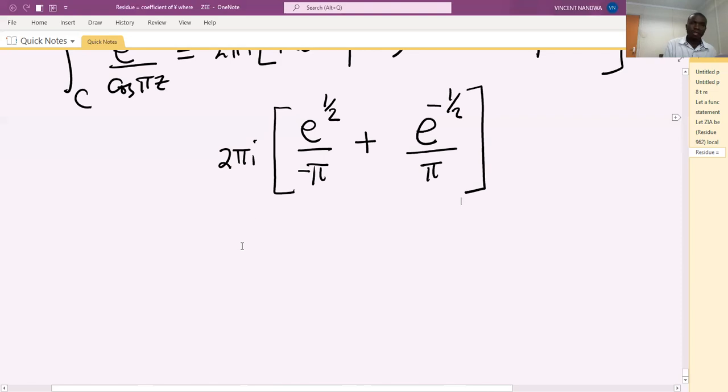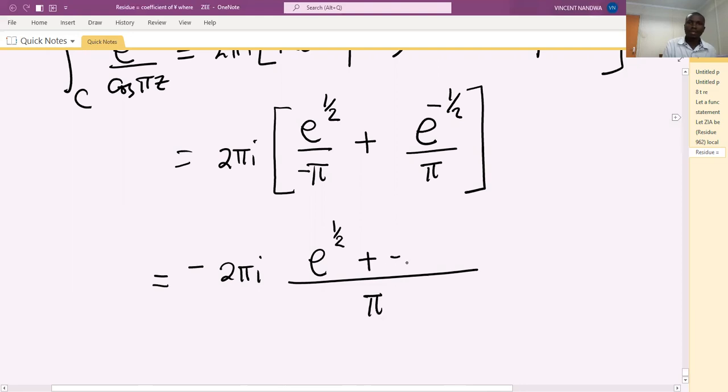Which you can write as 2 pi i, LCM is pi, so I can factor out negative: e raised to the power a half plus e raised to the power negative a half.